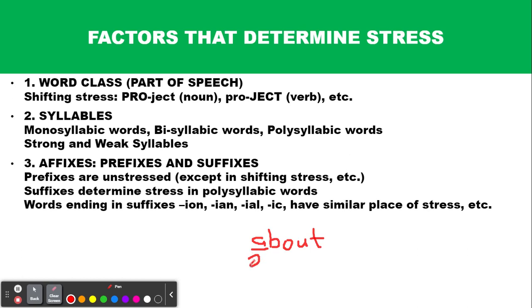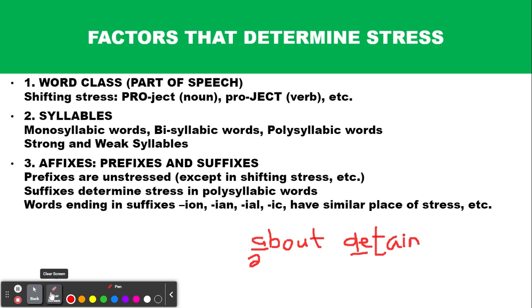And most times you see that the prefix is reduced to a schwa sound. All right, about. And then when you have a prefix like detain, this is also not stressed, okay?